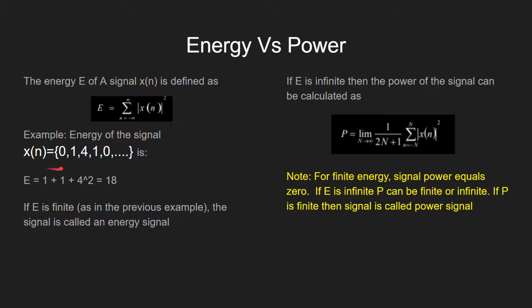So if we take from the previous case this example 0, 1, 4, 1, 0, where the origin exists here, when you apply this, you will basically get 1 plus 1 plus 4 power 2, which is 16. So you will get 18. 18 is a finite number. Therefore, if E is finite, then the signal is an energy signal. So therefore, this particular x of n is an energy signal.